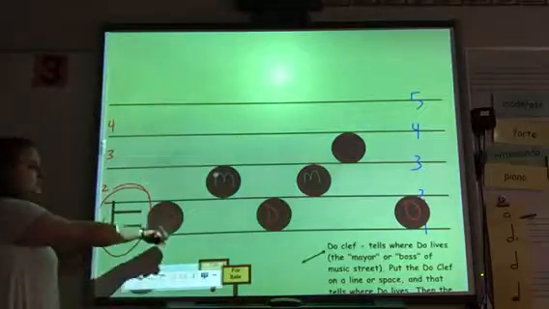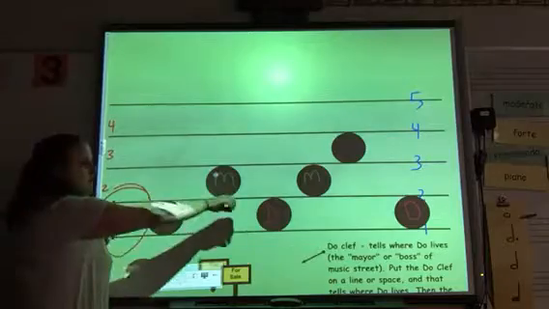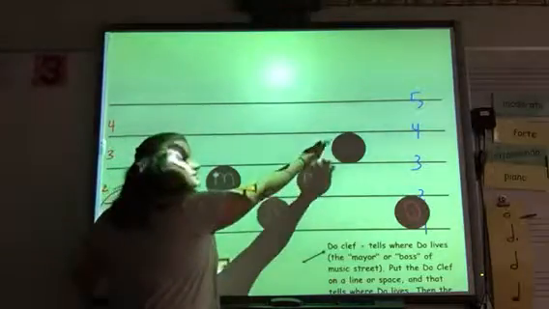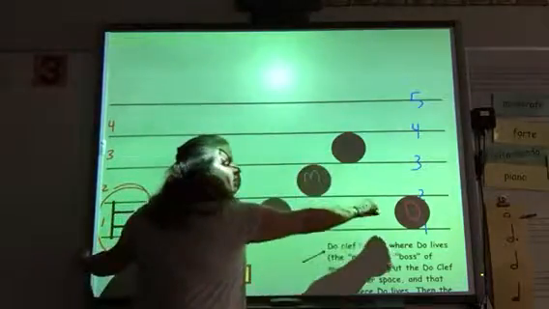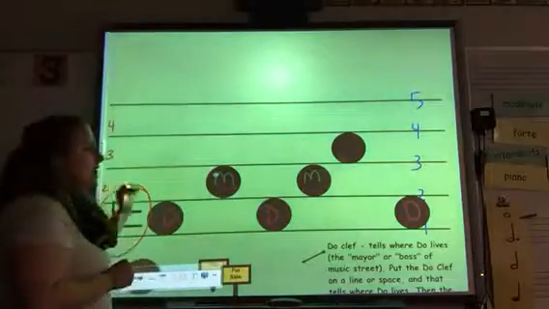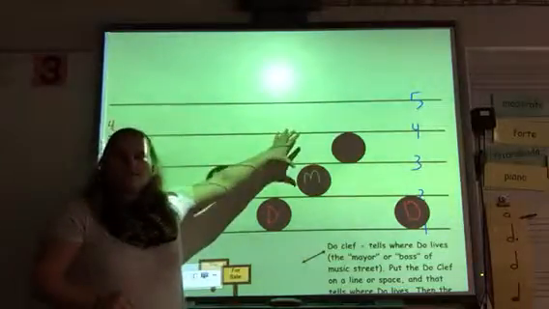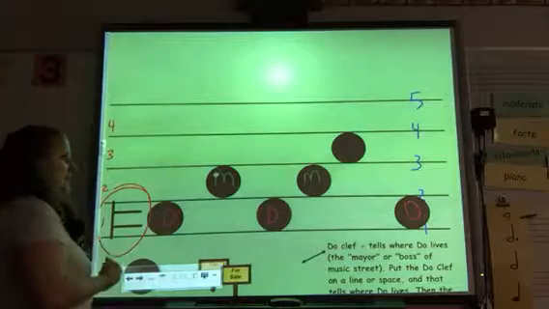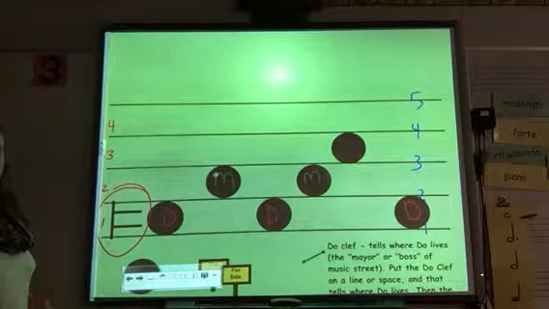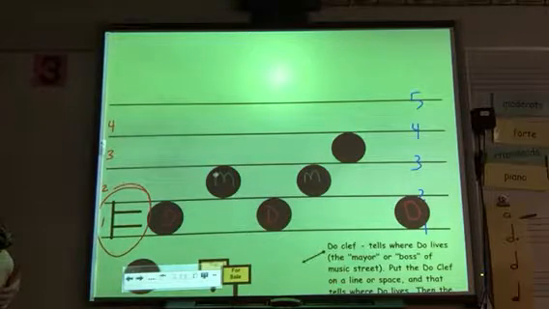So now I've got do, mi, something I'm not sure, do. What is this last note? To figure it out, again, it's all about those relationships. You can do it a couple of different ways.